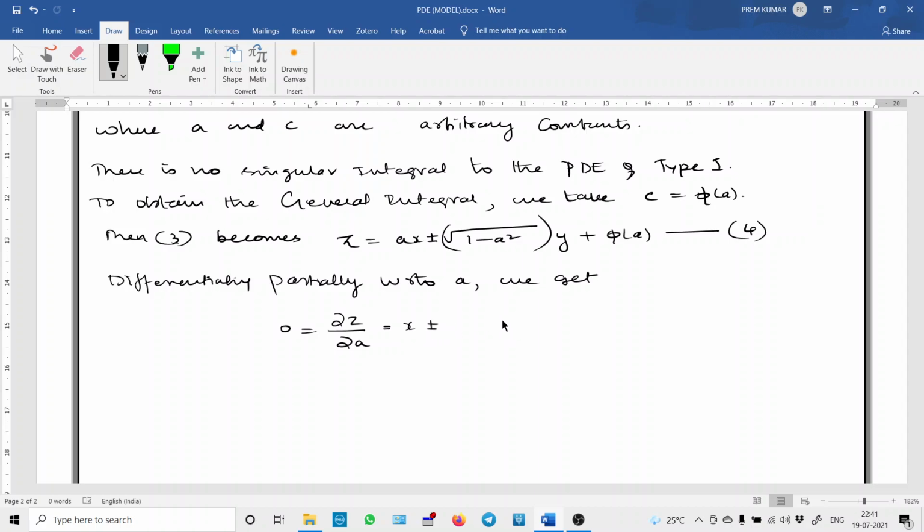The differentiation of square root of 1 minus a square is 1 by 2 times square root of 1 minus a square, with minus 2a on top. We can cancel the 2 and 2, giving minus a into y, plus the differentiation of phi of a, which is phi dash of a. Call this equation 5.